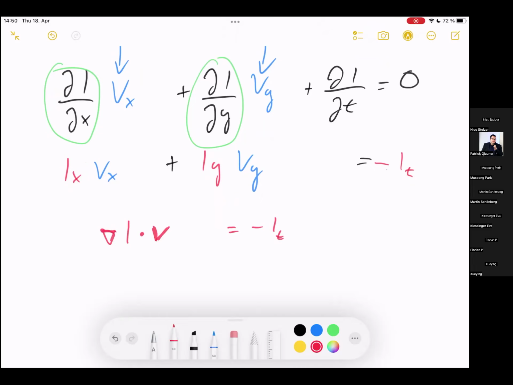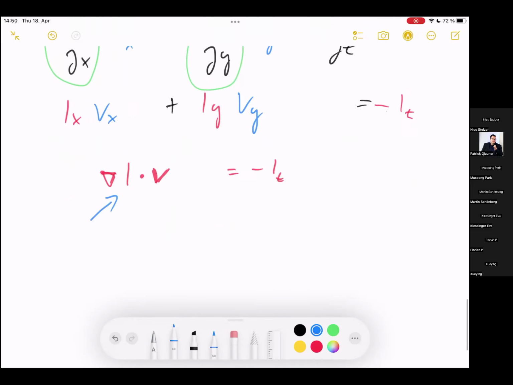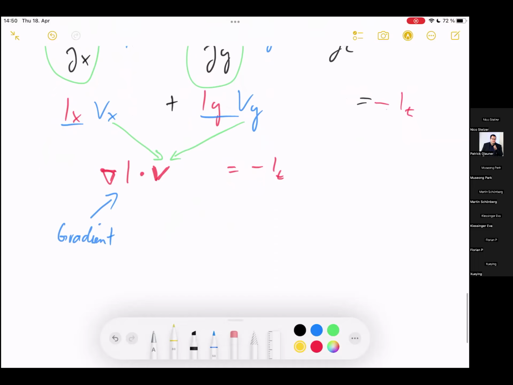So you remember the gradient of I. The gradient is a vector of the partial derivatives. We have these partial derivatives here, and v is the vector of vx and vy. So I'm just putting in some arrows so that you see where all of this moves.